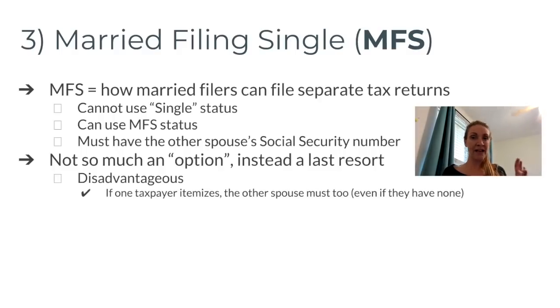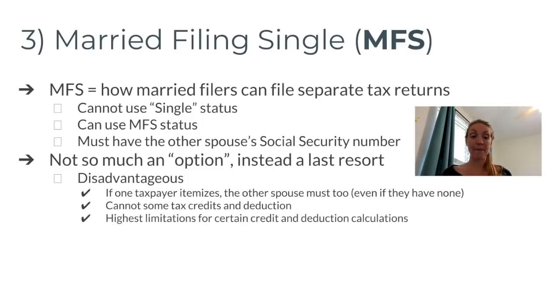So if one taxpayer uses the itemized deduction, the other taxpayer must too. And oftentimes only one spouse has itemized deductions like property taxes, mortgage interest from owning a house, which means that the other spouse essentially loses a standard deduction. So there's also many tax credits and deductions that are completely eliminated or reduced because you're filing MFS.